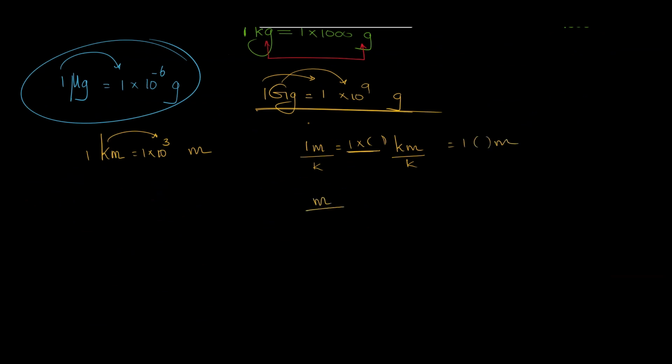Kilo is 10 to the power of 3, right? So 1 kilometer, my bad. So what do we get here? 0.001 meter is 1 kilometer.